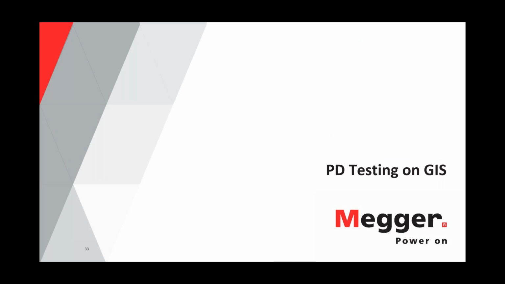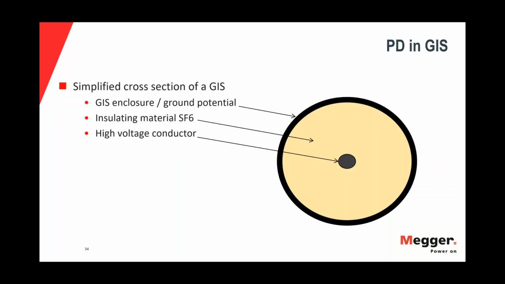Okay, so let's move on to PD testing on GIS. The GIS cross-section shown here is an enclosure at ground potential, and in the middle is a high voltage conductor, filled with SF6 insulating gas.